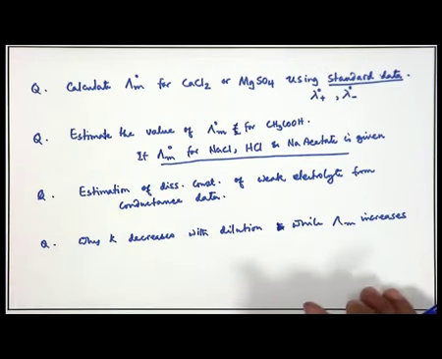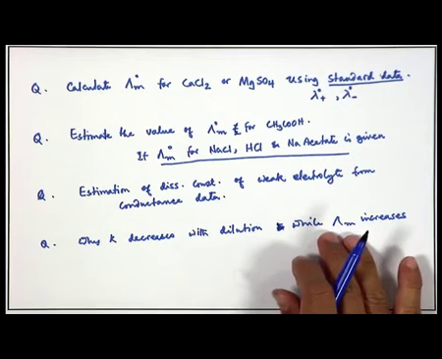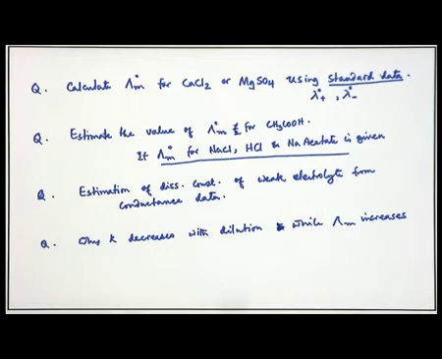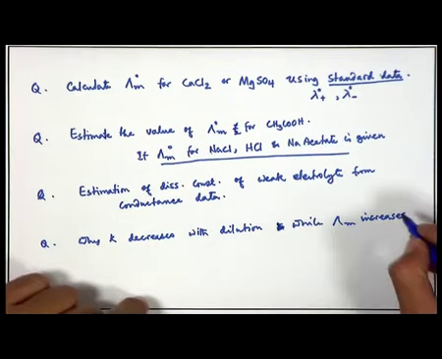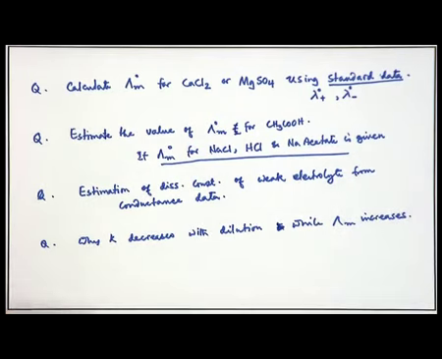The effect of the increase in volume is so much compared to the decrease of kappa that ultimately lambda m increases from one value to another. Okay. So, these are some simple questions that you can ask yourself, and then you can find out the solution.